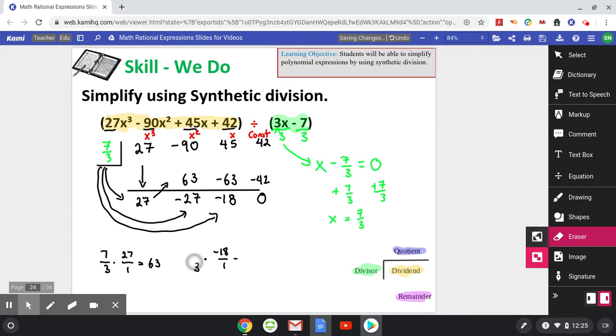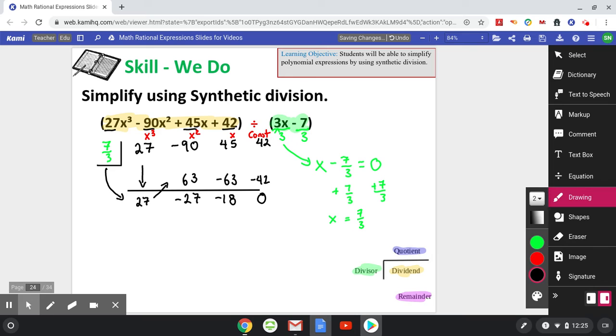Now that we are unable to bring any numbers down, we would be moving on to the next step. Before we do that, let me tell you that this number right here is the remainder.